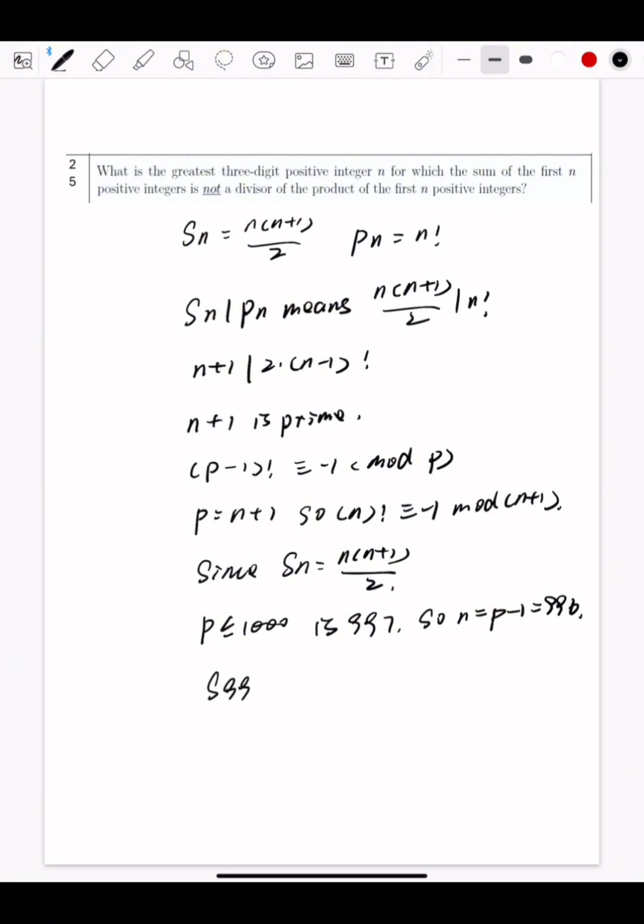So we use the formula before. And we got this. Since 997 is prime and it is bigger than 498, it is not divided by it, and the answer is just 996.